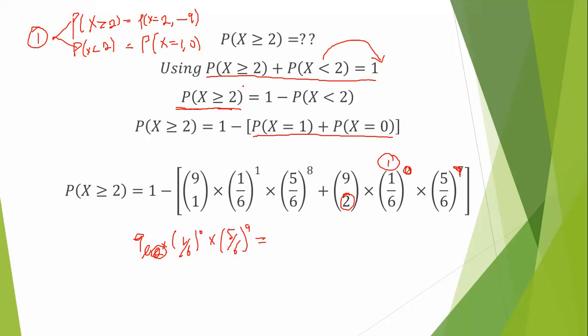I've got 2.5117. So you said 9 combination 0 was 9. Okay, let me try that. Let me try as well to calculate.